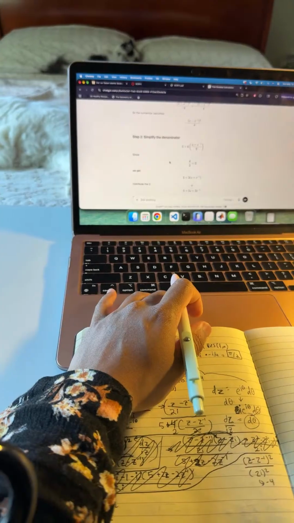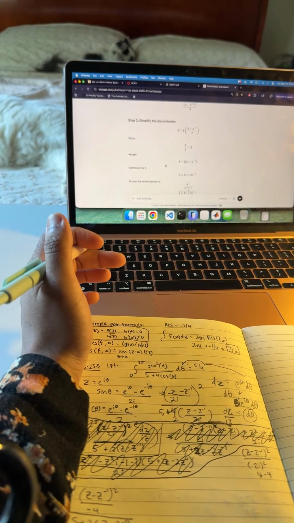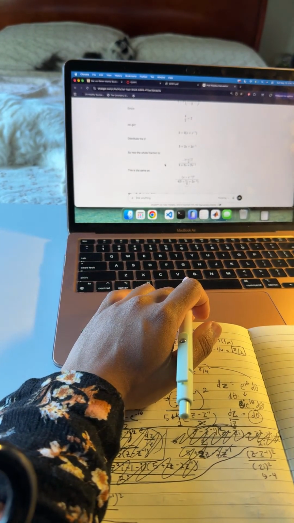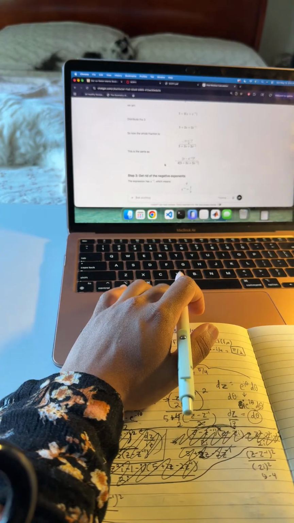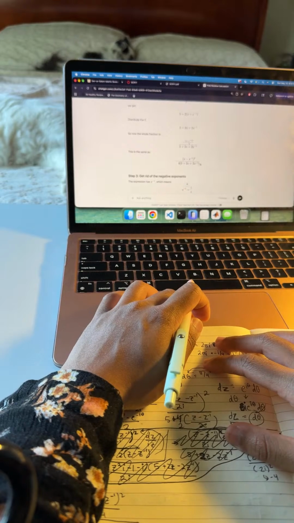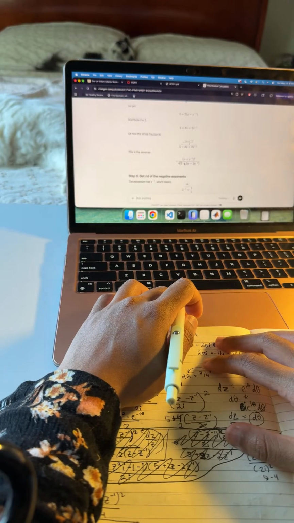So yeah, that's what we call the numerator, and then to simplify the denominator, we have that. And we don't put it to the numerator, we put this to the denominator. That's crazy. It's the same as that.